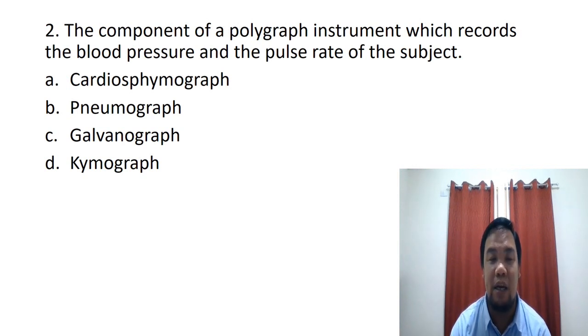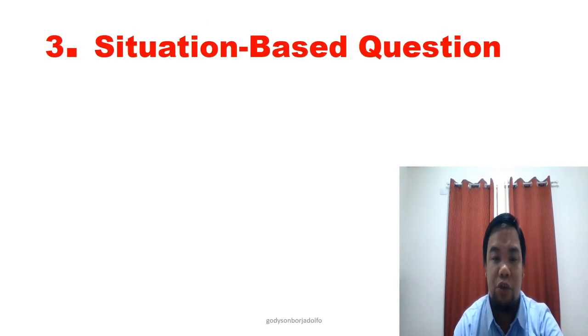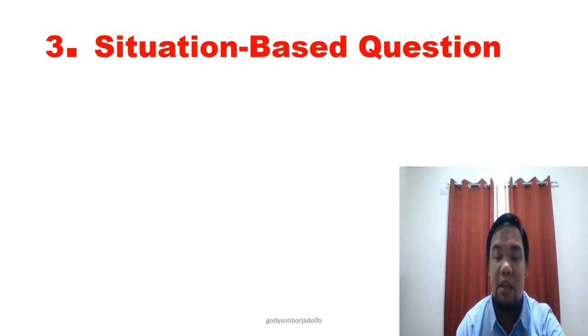Again, the best answer here is letter A, cardiosphygmograph. Situation-based question is a type of question that involves problem solving and handling difficult issues. The situation-based question is composed of two or more sentences, where one is the problem or the question to be answered, and the remaining sentences are facts and situations.